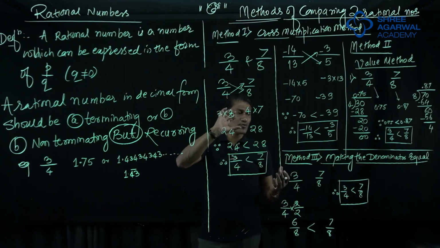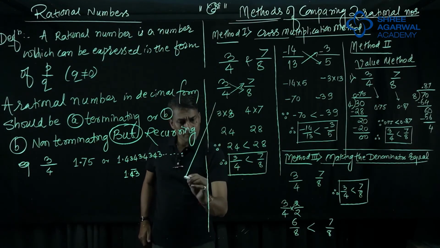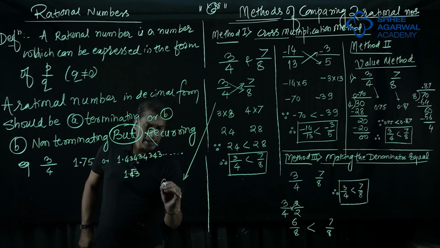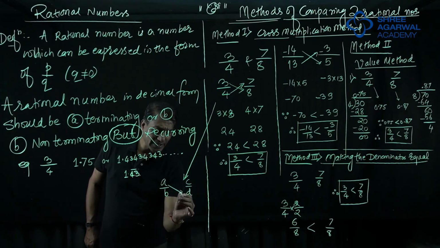For this, if I want to write the formula: A upon B, C upon D. So we have to multiply like this.